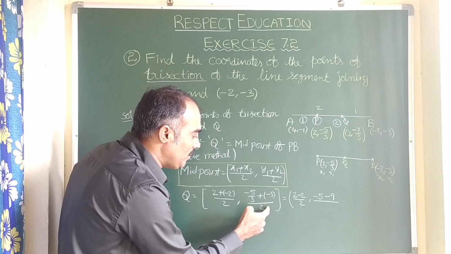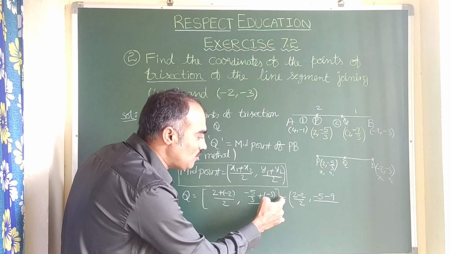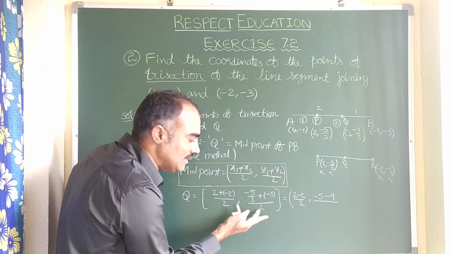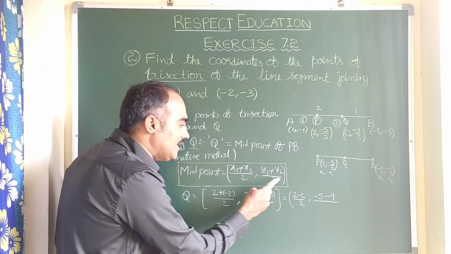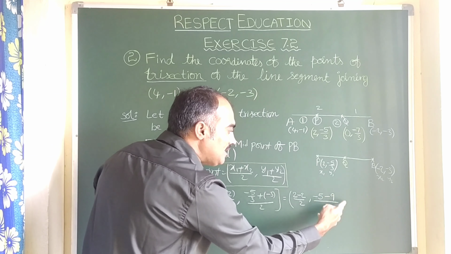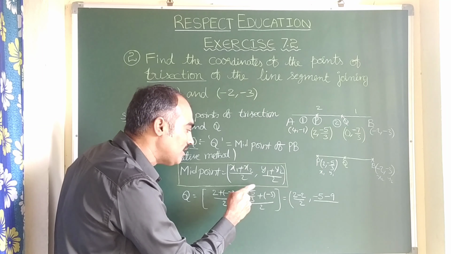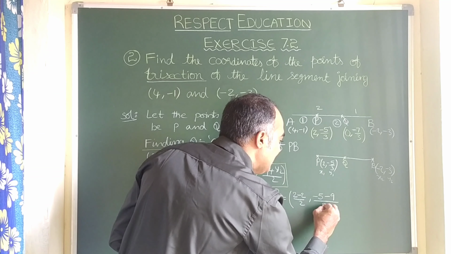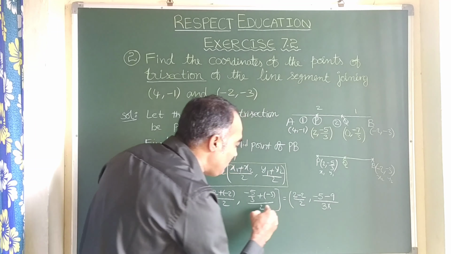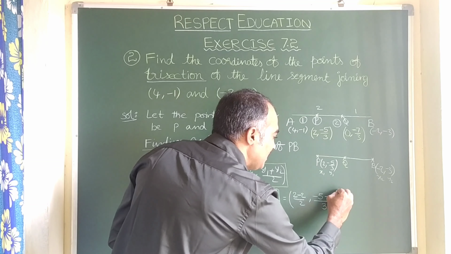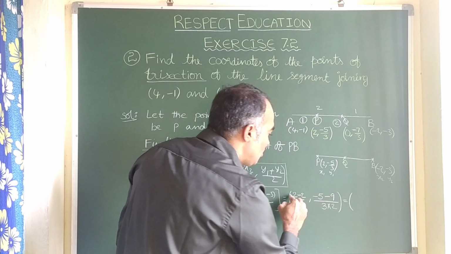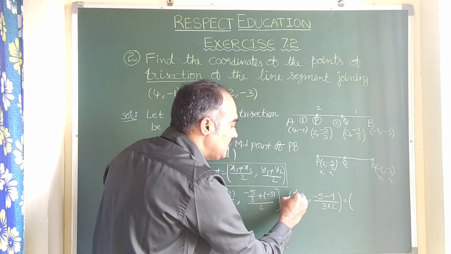See here actually this 2 becomes, if you write it, 2 by 1, in fact it will become 1 by 2. That 1 will multiply this numerator, that 2 will multiply this denominator, already 3 is there. So that 3 will be multiplied by this 2. Is it clear? Now here 2 minus 2 is 0, 0 by 2 is 0.